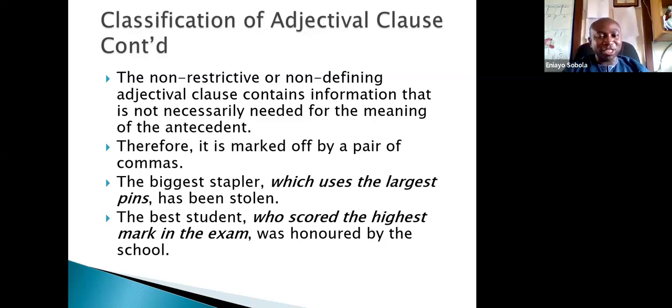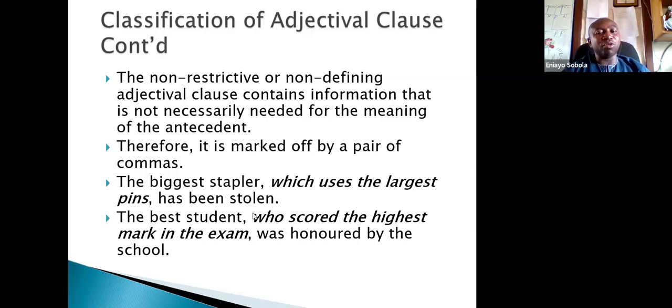Should it be the smallest pin or what? Normally, we know that the biggest stapler should use the largest pins. So this clause is not needed. It does not add any useful information to the sentence. The second, the best student who scored the highest mark in the exam was honored by the school.